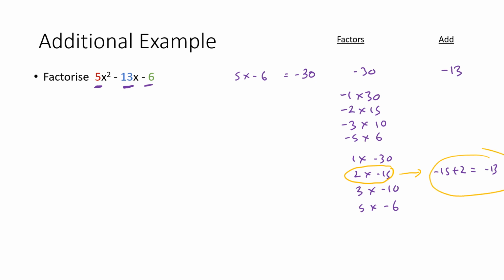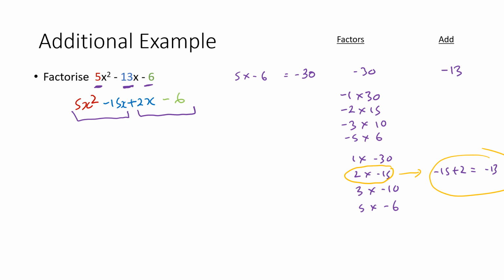So now let's rewrite the expression again. So we got 5x squared minus 15x. Again, I'm putting 15 first because I know that will factorize with 5. Minus 15x plus 2x and then minus 6. So now what we need to do is factorize these paired together.